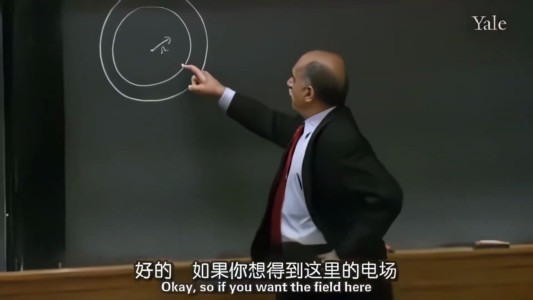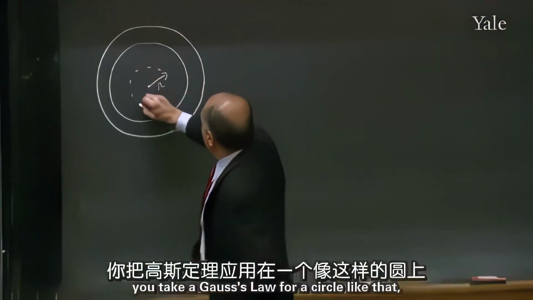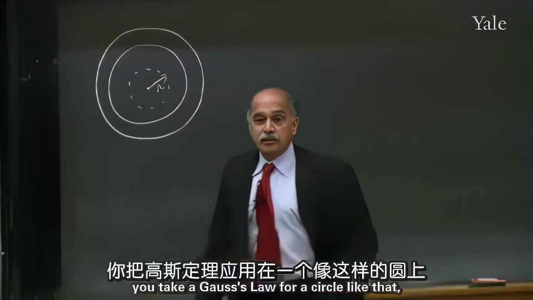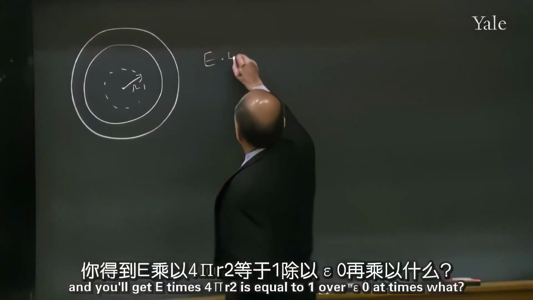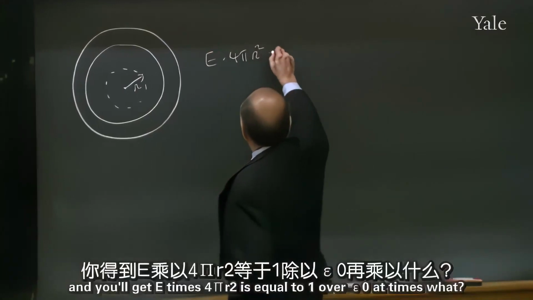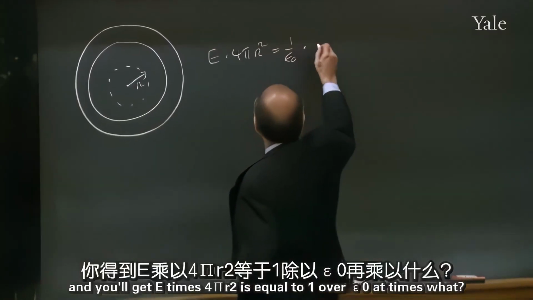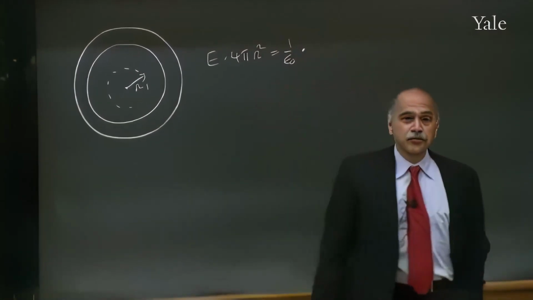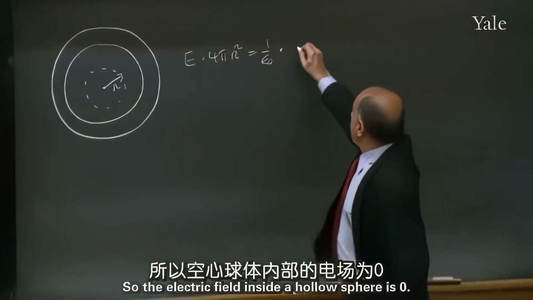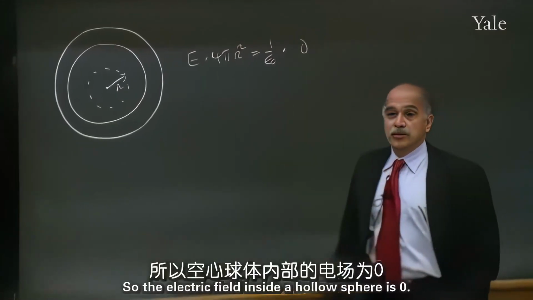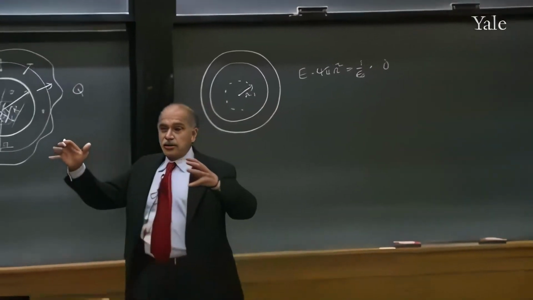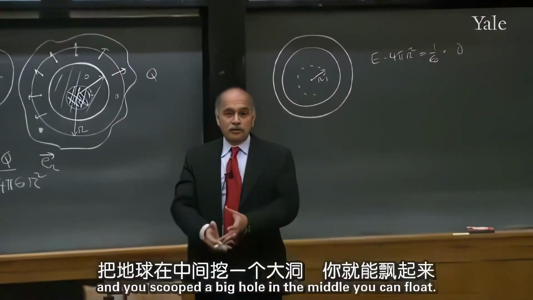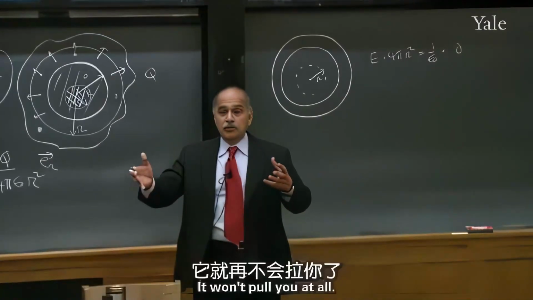So if you want the field here, you take a Gaussian surface like that, a sphere like that, and you'll get E times 4 pi r squared is equal to 1 over epsilon 0 times what? Nothing. So the electric field inside a hollow sphere is 0. In other words, if you took the Earth and you scooped a big hole in the middle, you can float. It won't pull you at all.